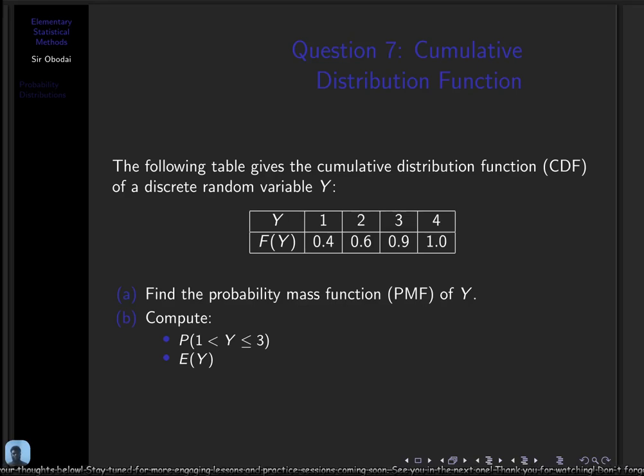Now the question says we have to find the probability mass function, PMF, of y, after which we can use that to compute what we have over here. So you can pause, write down the parameters and try solving, after which you come back so that we do it together.